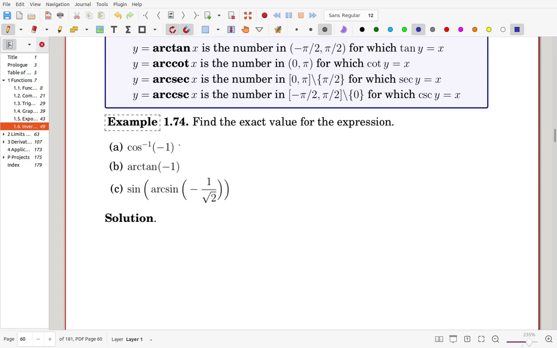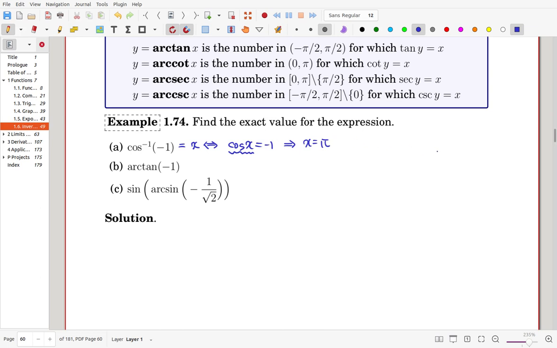Okay, now for this one, let's say this is x. Then it's the same as cosine x equals minus 1. The output of inverse cosine must be between 0 and pi, so we know that once x equals pi, then cosine x is -1.